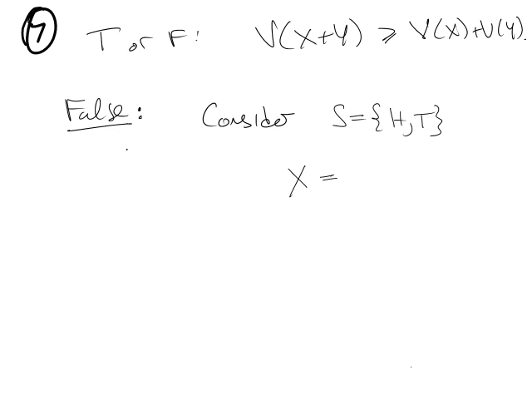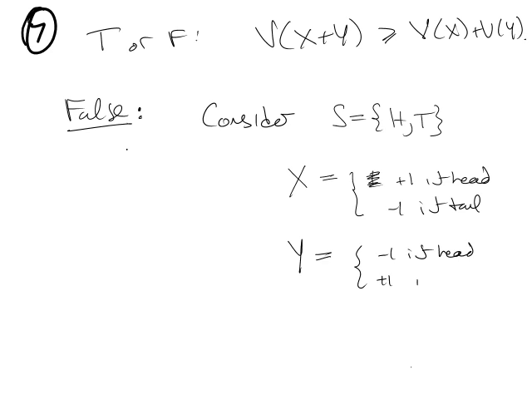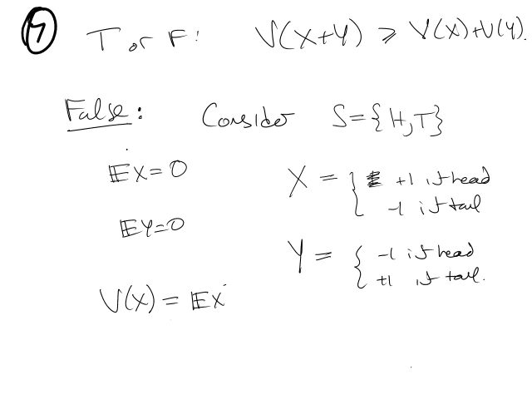Consider X to be plus one if heads, minus one if tails, and Y to be the opposite, minus one if heads, plus one if tails. Then from this, it's easy to see that the expectation of X is 0 and the expectation of Y is 0. So the variance of X is just the expectation of X squared, which is 1. The variance of Y is the expectation of Y squared, which is also 1.